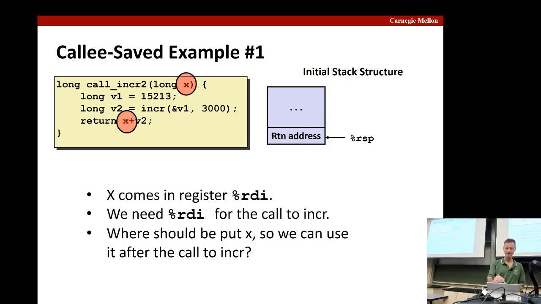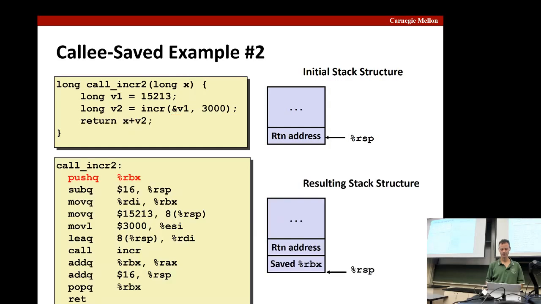Okay, so we have this x, and we're going to need it when we get back. But it's currently in RDI, and RDI is going to be used for the first argument here. So what's going to happen is that we're going to push RBX, and then do all this.